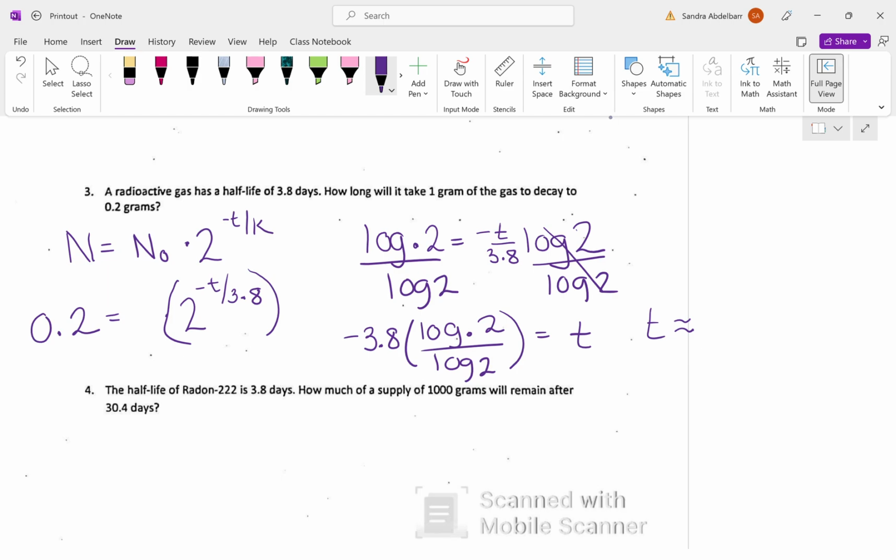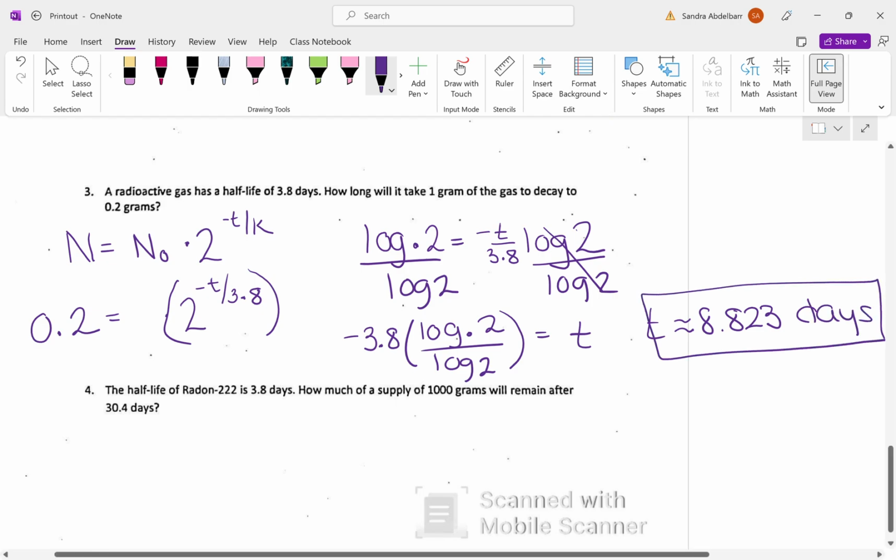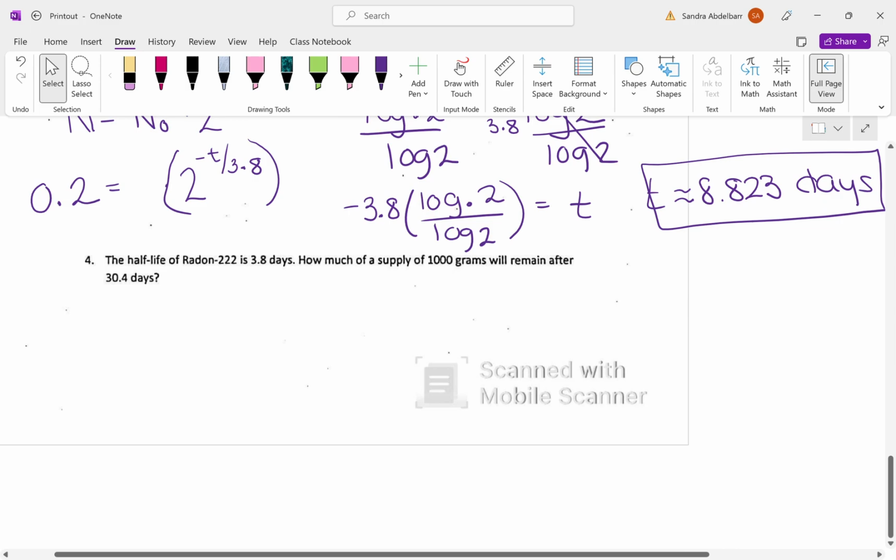So it's going to be, anybody put it into the calculator? 8.823 days. If we're doing years, you put years. You have to put a unit. It's not bad. I told you it wasn't bad.